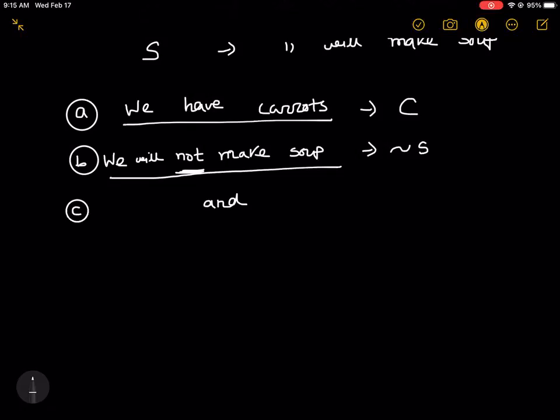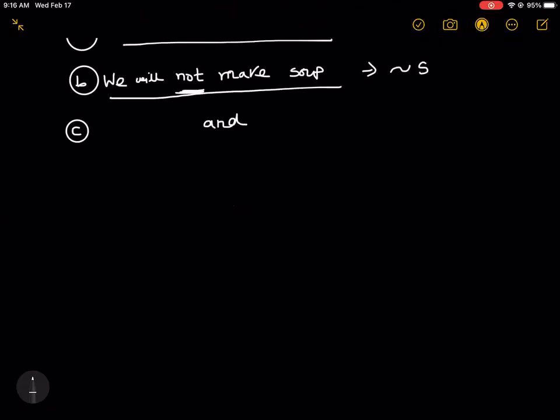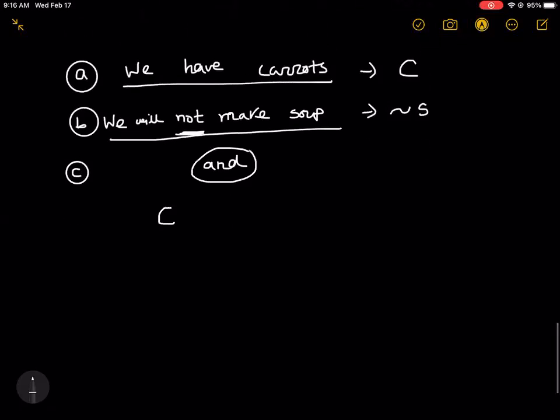So if I say we have carrots and will not make soup, how should we write it? It would be C and then the upside down V and the negation sign and an S. Very good. Because for we have carrots, we'll write a C. Then I am joining these two statements with and, so that means it's the upside down V, or whatever way you want to use to remember the symbol.